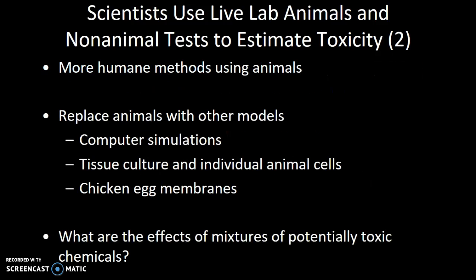We're trying to use more humane methods of testing, but basically we start off with lab rats and mice and move to larger animals like rabbits and then even primates. We're trying to find other replacements for animals. My grandfather actually used to raise hundreds of rabbits for a local laboratory, Thor Labs, in the 1970s, and he would sell them. Farmers did this around here. It was very common.